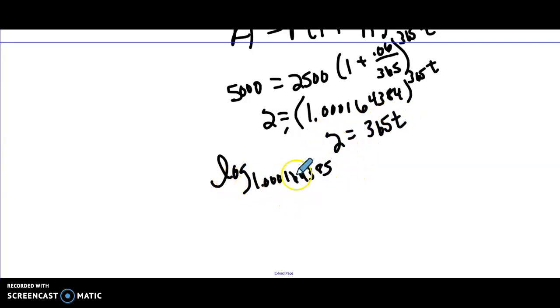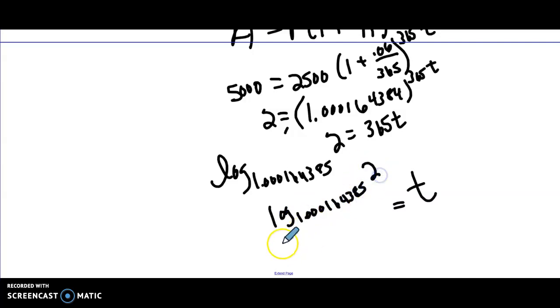That's the same as saying this base to this exponent equals 2. Divide by 365: t equals log base 1.000164385 of 2, all over 365.